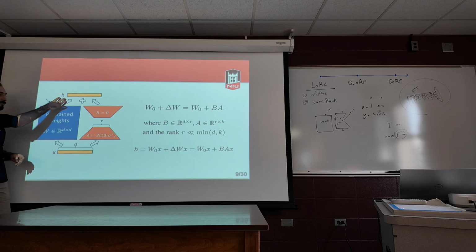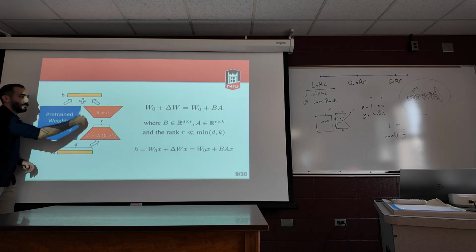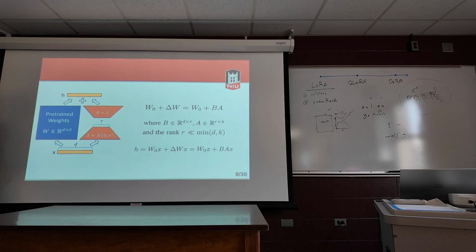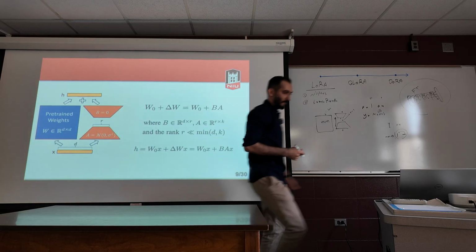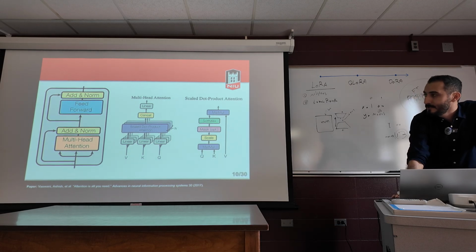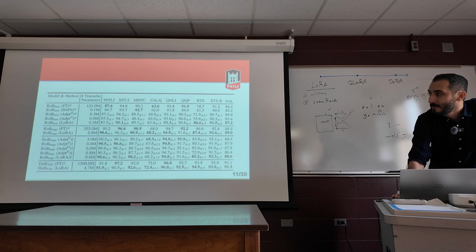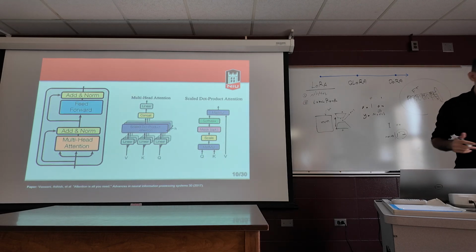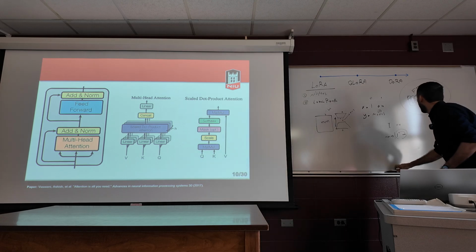In this structure, they freeze the weights and only change the other weights. I will show it in the next slide. So we have the attention mechanism here. I hope this answers your question.